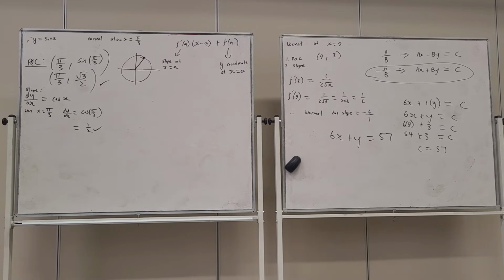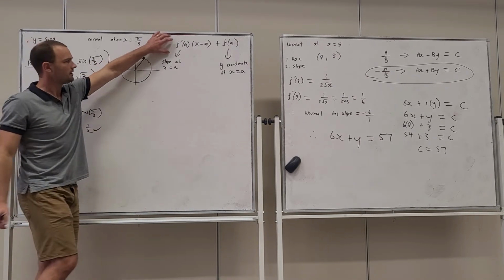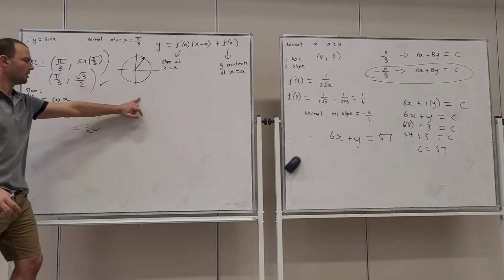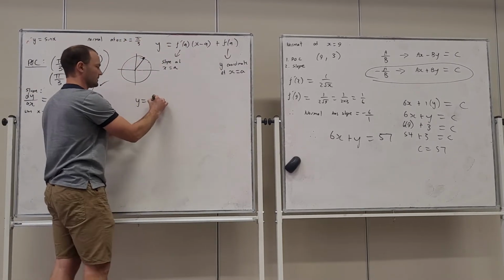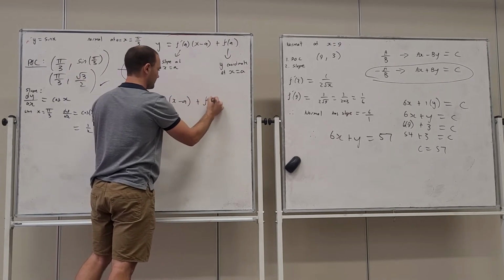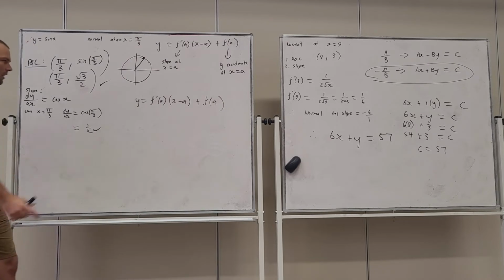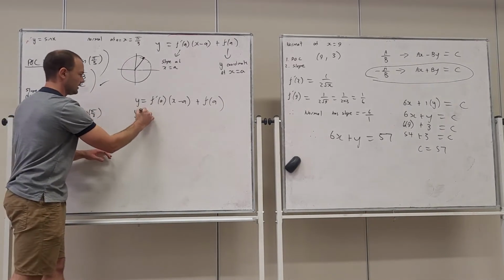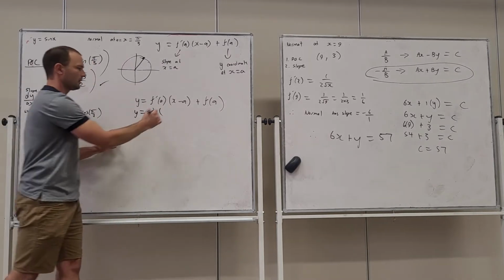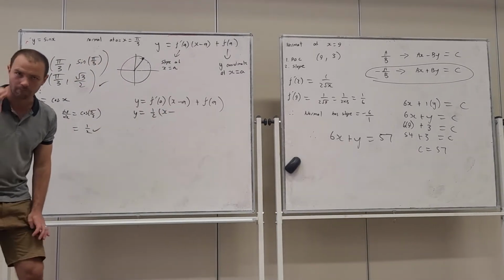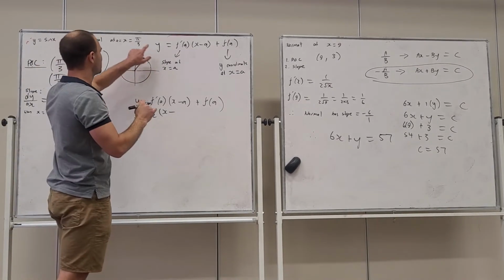This time we're going to use the formula. So y equals f dash of a times x take a plus f of a. I might write it out here so we can just substitute stuff in underneath. Here's the slope, f dash of a, so it's going to be half. Here we're going to write x take the x value of the tangent, which is pi on 3.